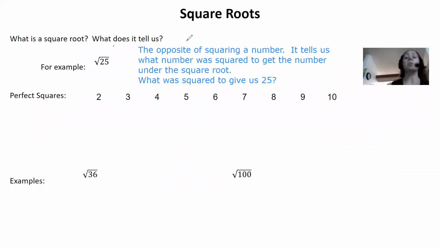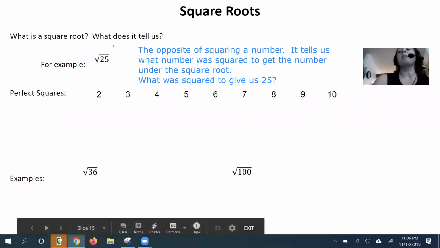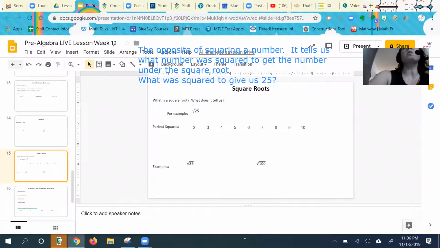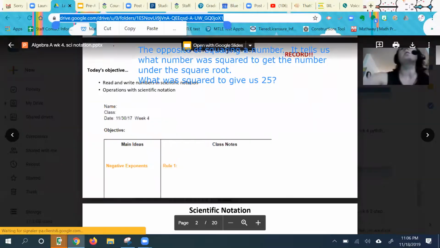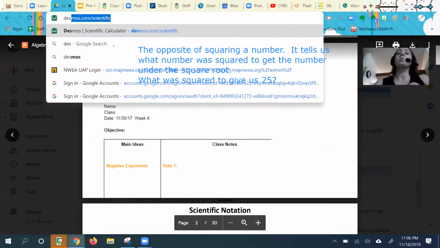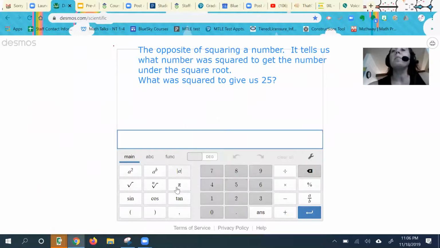There's a few ways you can do this. You can go on a calculator and use the square root button. It's on all calculators. Or if you know what was squared, you can run through the perfect squares down here. In this case, I'll show you on Desmos, because Desmos is awesome and super helpful. We go to Desmos, and then we can just type in the square root button, and then 25.